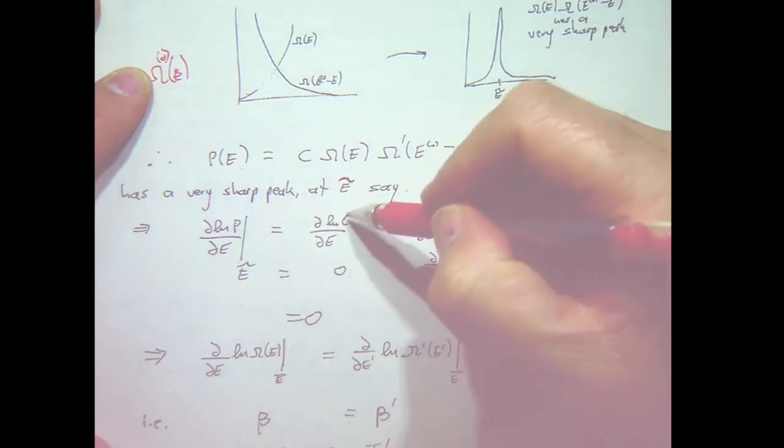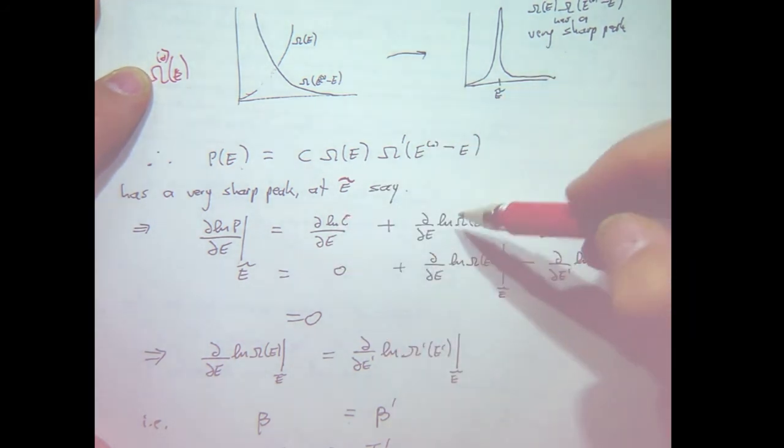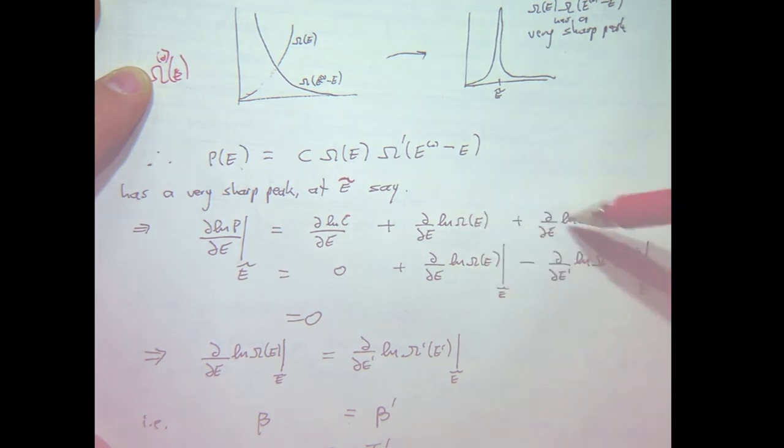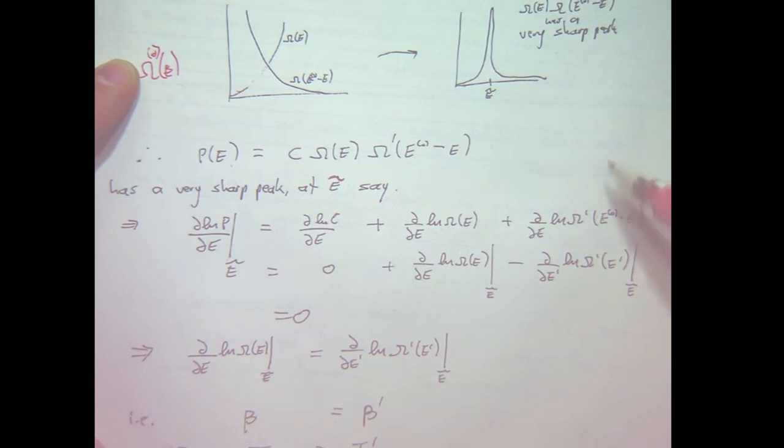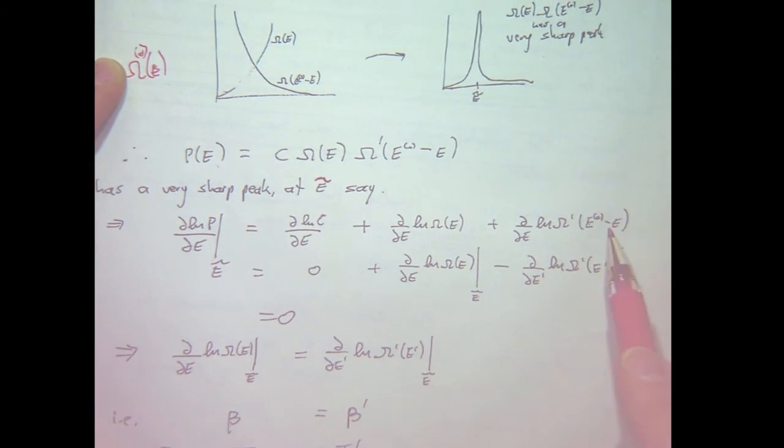That's d ln C. That's nothing, that's constant. d by dE of log omega plus d by dE of log omega prime. And because of the minus sign there, just use the chain rule. That's d by dE of ln omega, evaluated at E tilde, minus d by dE prime of ln omega prime, evaluated at E tilde, and that has to equal 0.